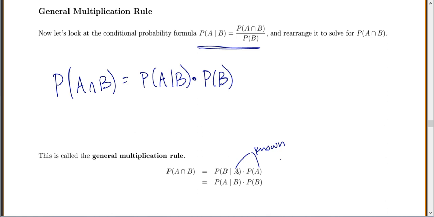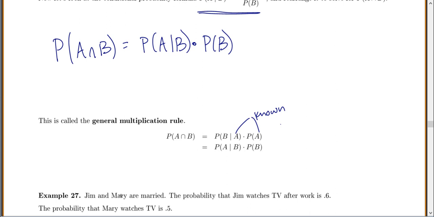Sometimes you'll know one and not the other, and you multiply it by the probability of what was known. So the probability of B given A times the probability of A. This A is what you actually know in your conditional probability.